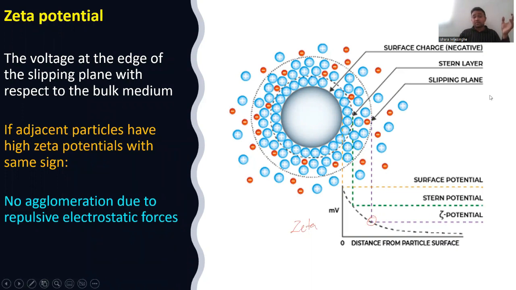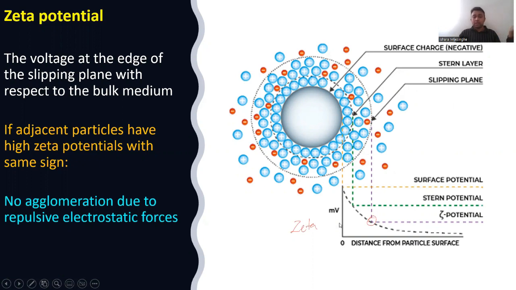Think of another particle. If adjacent particles have a high zeta potential with the same sign, maybe positive or negative, there is no agglomeration due to electrostatic force. If you have a particle like this and another one here, they will not merge because of the same zeta potential.